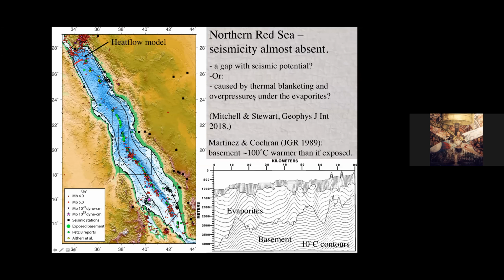And maybe you do get overpressuring underneath the evaporites. Almost all of this area is covered with evaporites, except where you see these green polygons. So there's a potential for overpressure. This is difficult to accept, because I think if you had overpressure, you'd also have a lot of slumping of the evaporites.